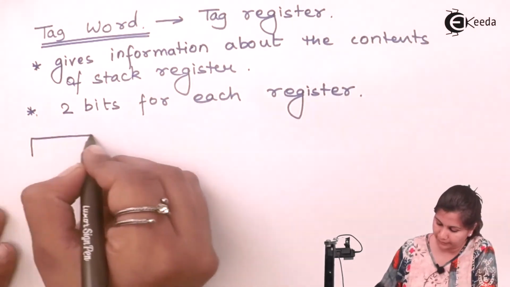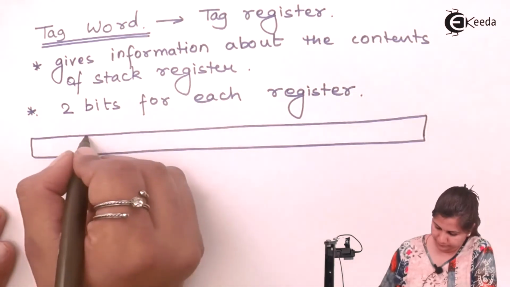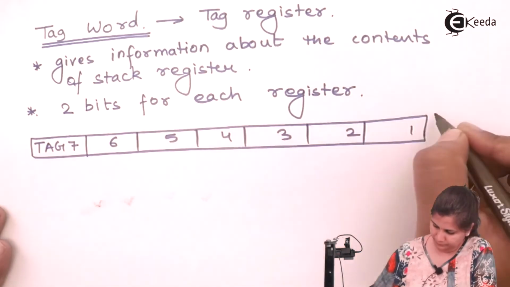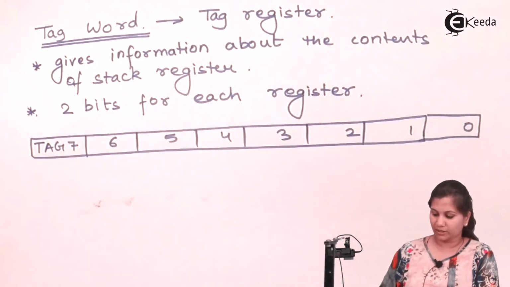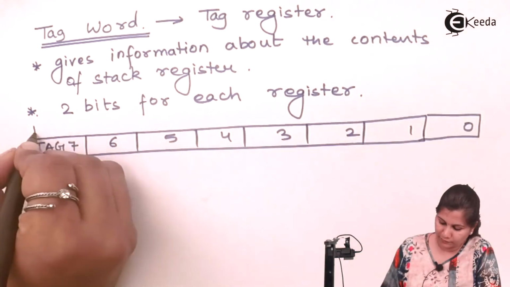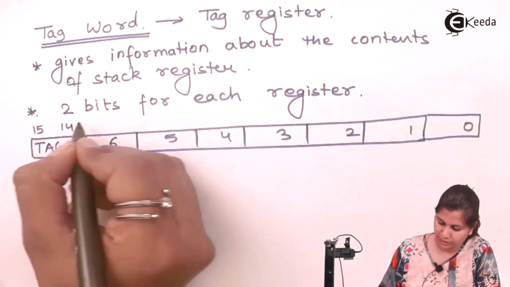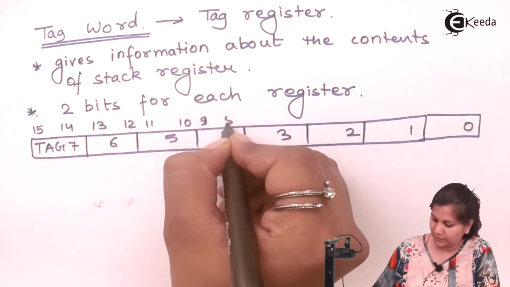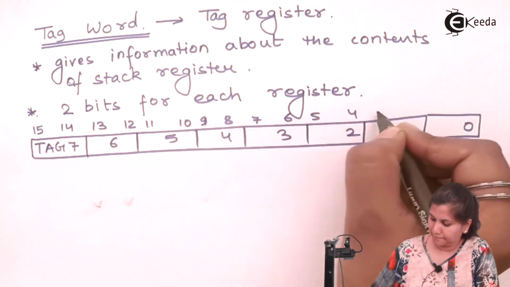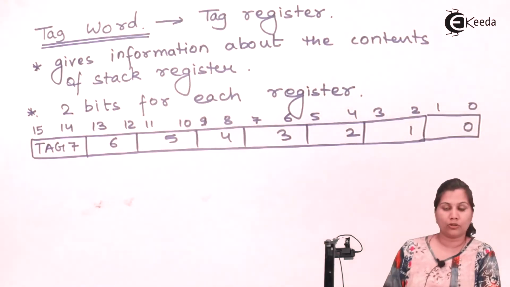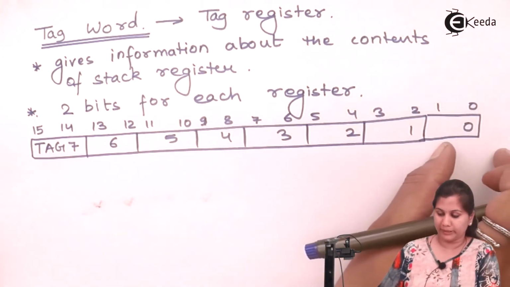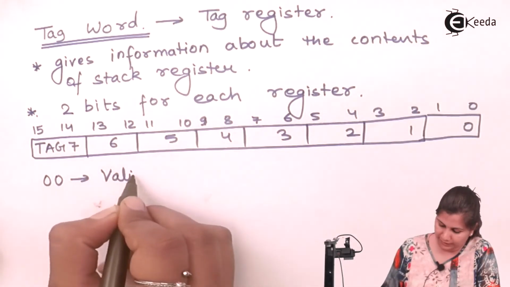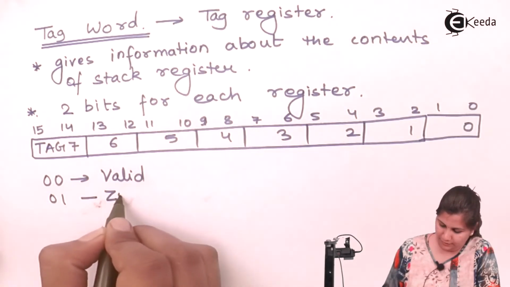So if we see its format, for every register we have 2 bits. So for this we have 15 and 14, then we have 13, 12, 11, 10, 9, 8. So for every register we have 2 bits here, and the tag values will be 00 if the register is valid. 01 means it is 0.